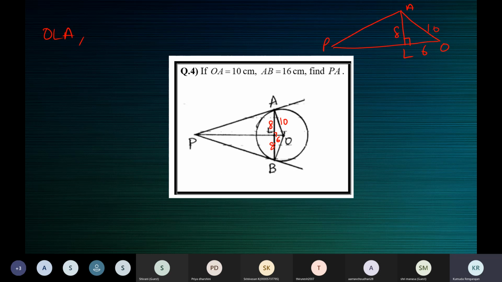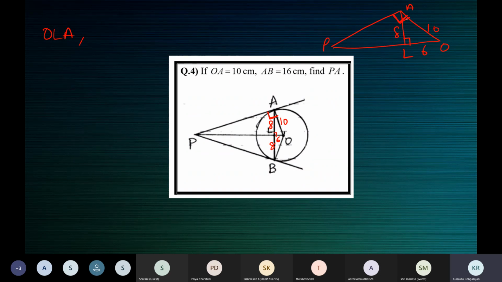Now take one small triangle and the whole triangle and show that they are similar to each other. There are 3 right triangles. This one is also a right triangle because this angle is 90 degrees. Radius perpendicular to tangent.